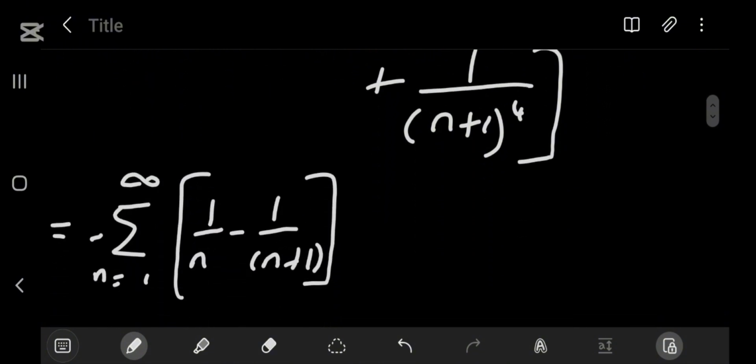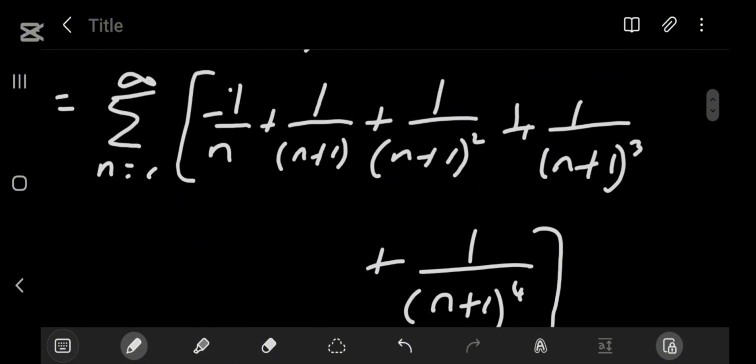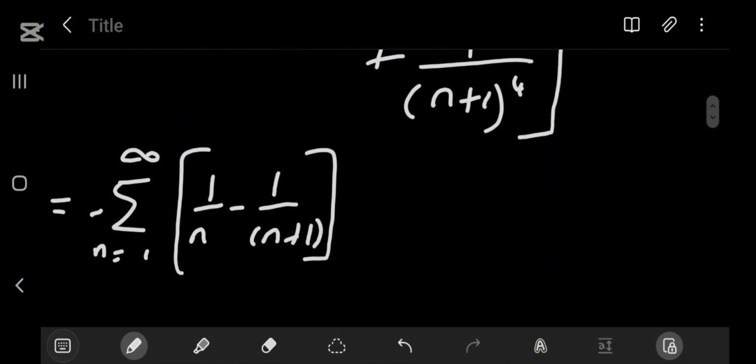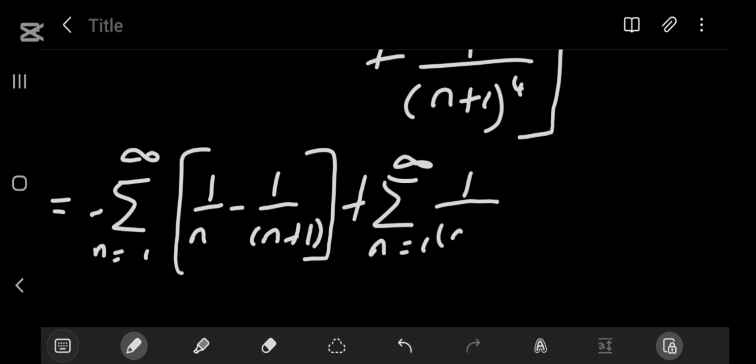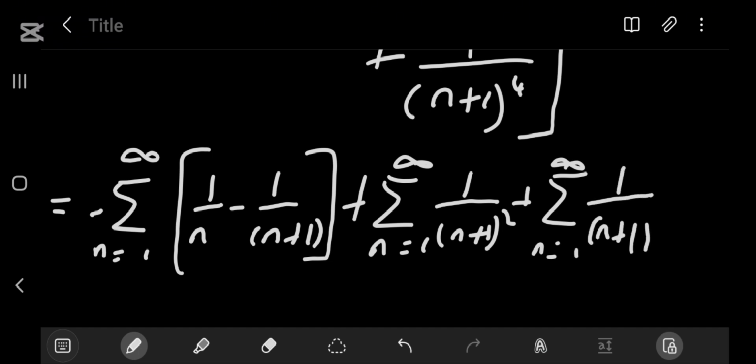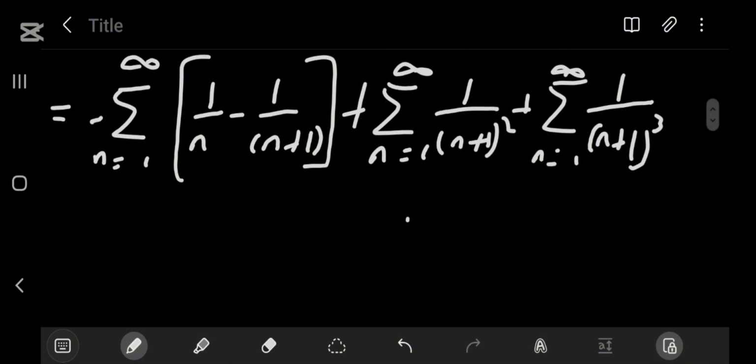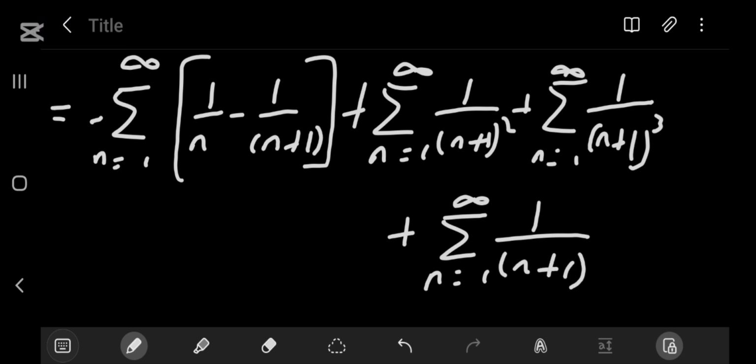Okay, now if we give the sigma back to the other terms individually, we'll get plus the sum from n equals 1 to infinity of 1 over n plus 1 squared, plus the sum from n equals 1 to infinity of 1 over n plus 1 cubed, plus the sum from n equals 1 to infinity of 1 over n plus 1 to the power 4.